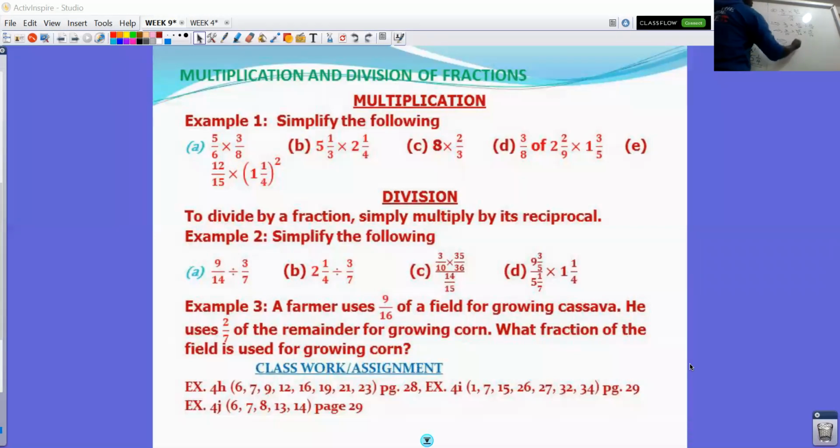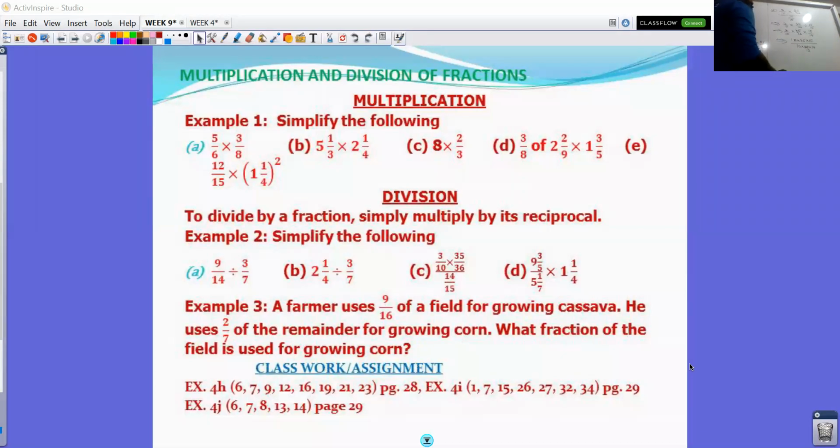Let's multiply the numerator, that is 3 times 35 times 15 all over 10 times 36 times 14. So here we can now reduce to the lowest form. Let's see what can divide each other. 3 here 1, 3 divided by 36, that is 12.